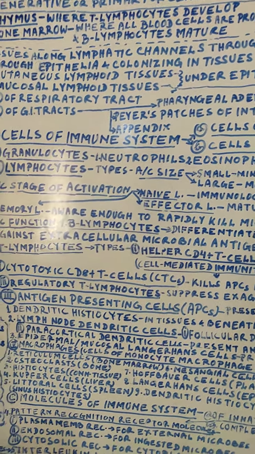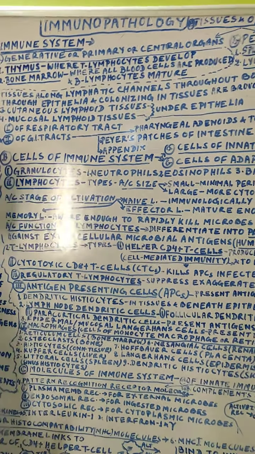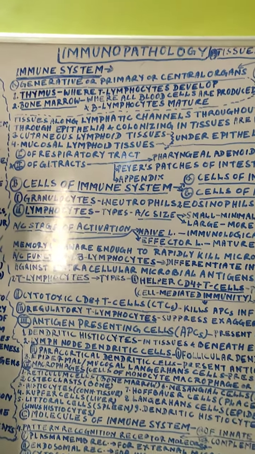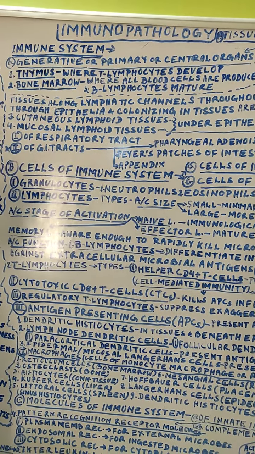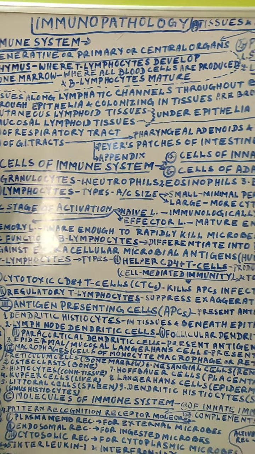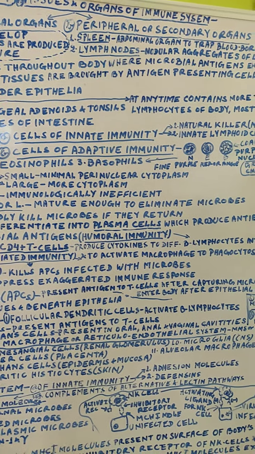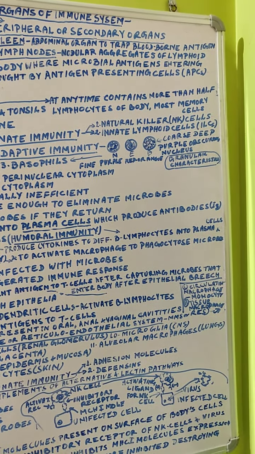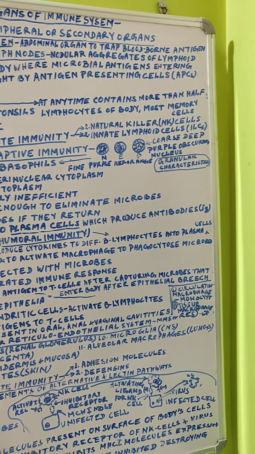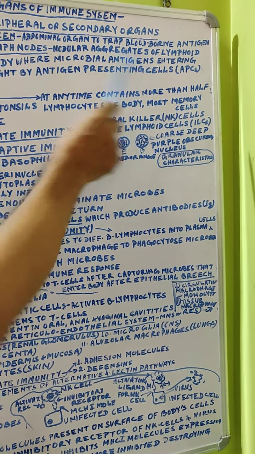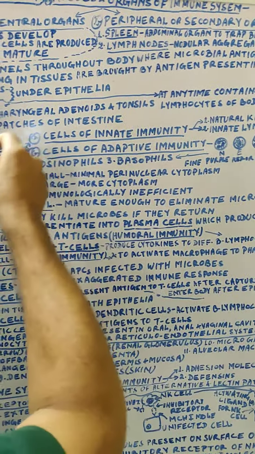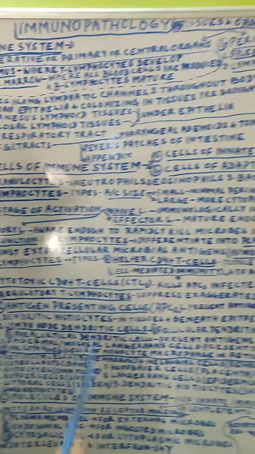Means to say that once the infectious microbes enter the body by breach of the epithelium, they enter into the cells, they colonize the tissue, and from there they are trapped by the antigen presenting cells. Antigen presenting cells bring those microbes through the lymphatic channels to the lymph nodes.